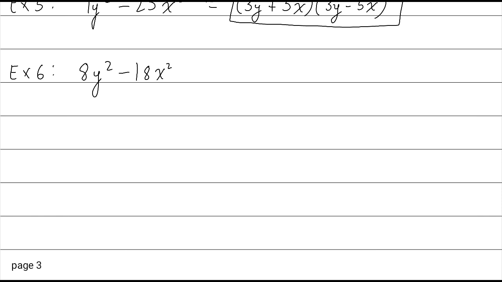They're both divisible by 2. So I could think about this as 2 times something. What would that have to be? If I divide this by 2, that's going to be 4y squared. And if I divide this one by 2, it's going to be 9x squared. Ah, that looks like difference of squares.